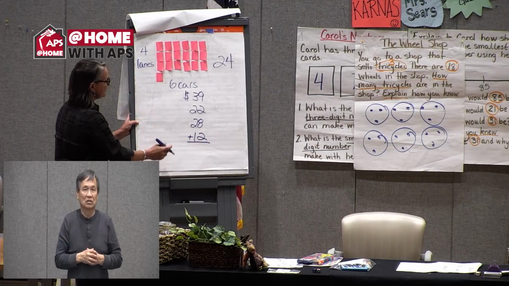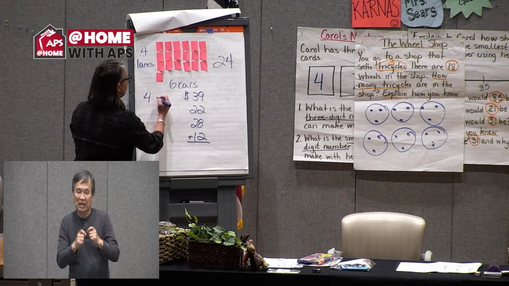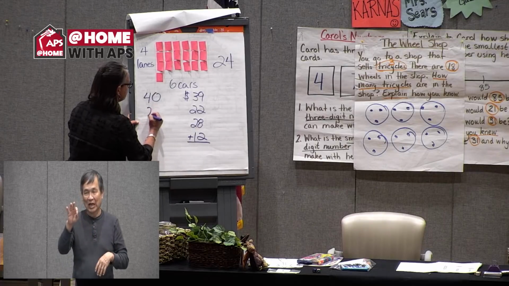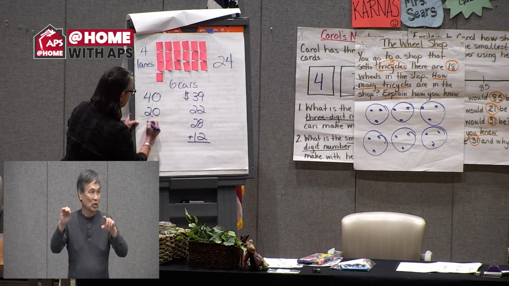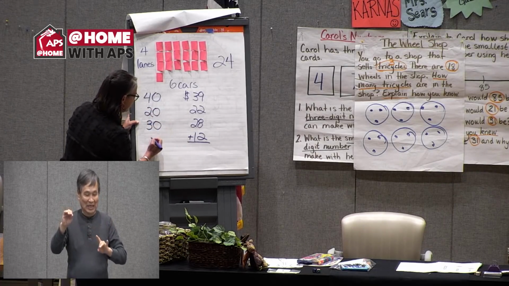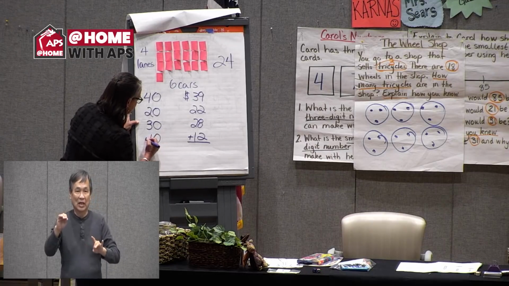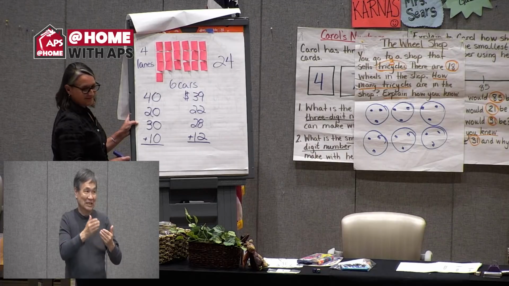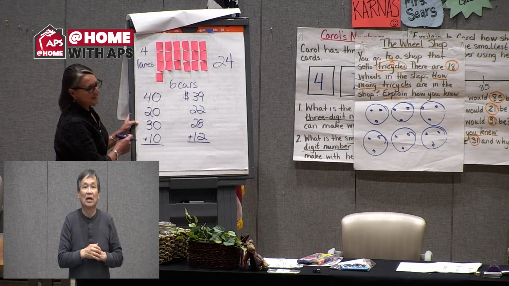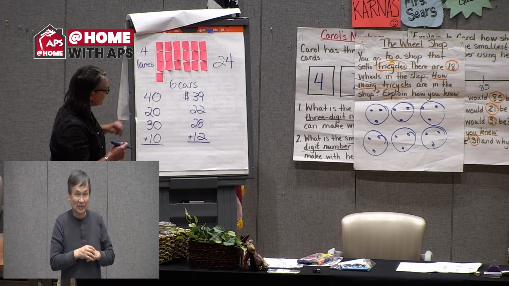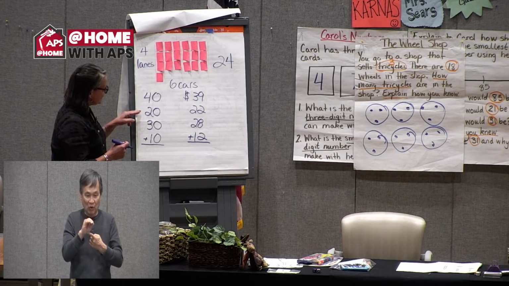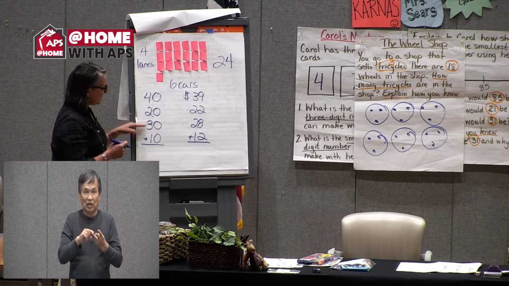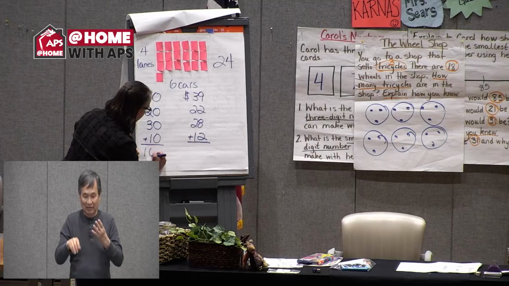He changed all these to friendly numbers. 39 was about 40, 22 was about 20, 28 was about 30, and 12 was about 10. Which set of numbers looks easier to put together? I'll betcha you're saying this one. 40 plus 20 gets us to our 60. 60 plus 30 gets us to 90, and 90 plus 10 gets us to 100.